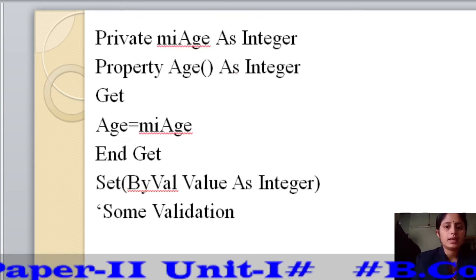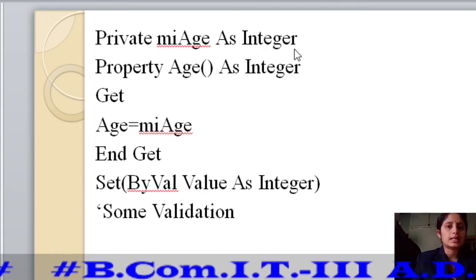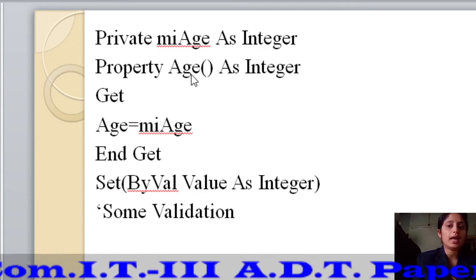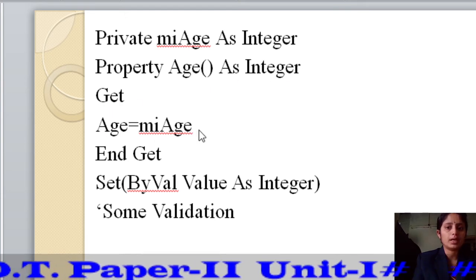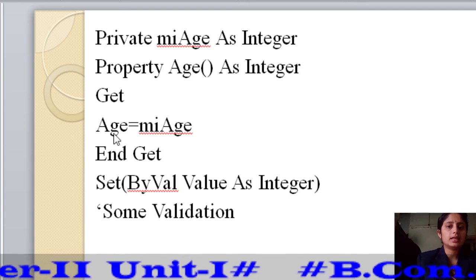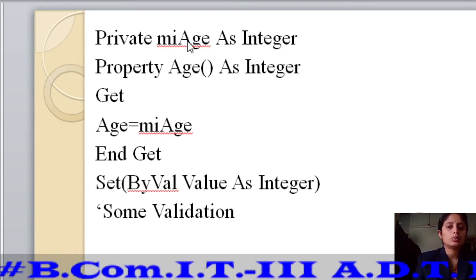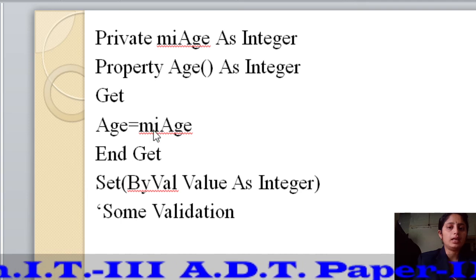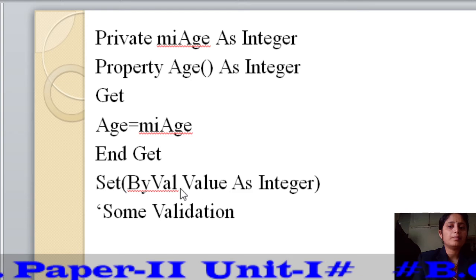The following code implements the Age property. Let's see the example of the property. Private meAge As Integer. Property Age As Integer. Get: Age = meAge, End Get. This is the Get method. By using this method, we can assign the meAge value to Age. After that, Set(ByVal value As Integer).